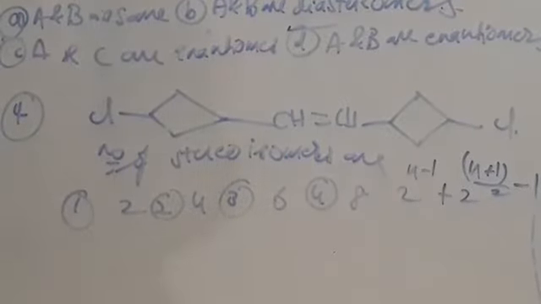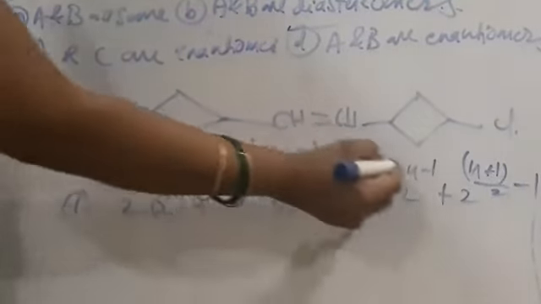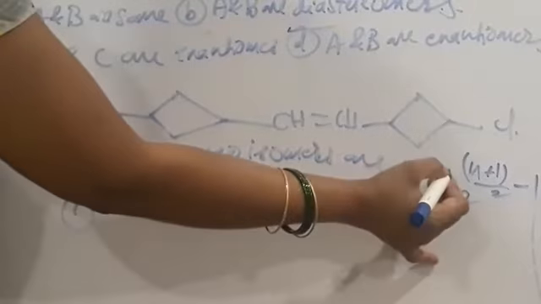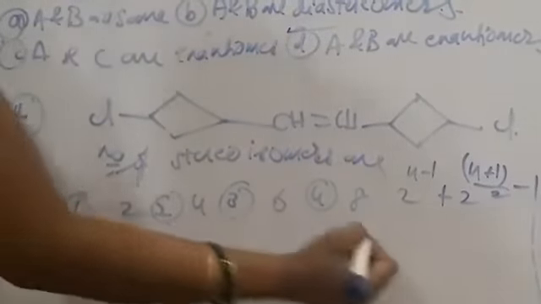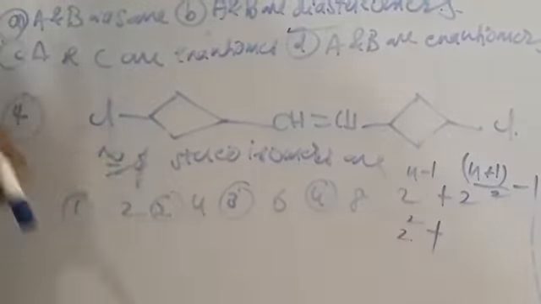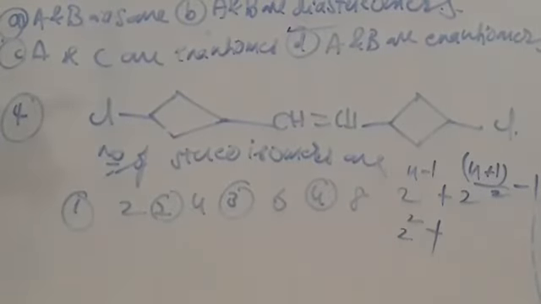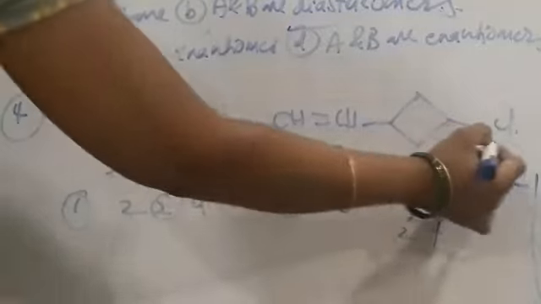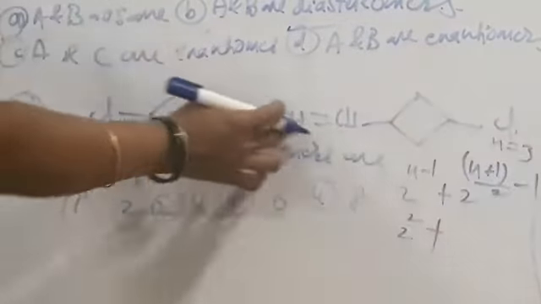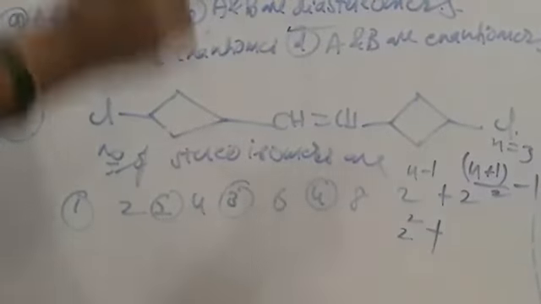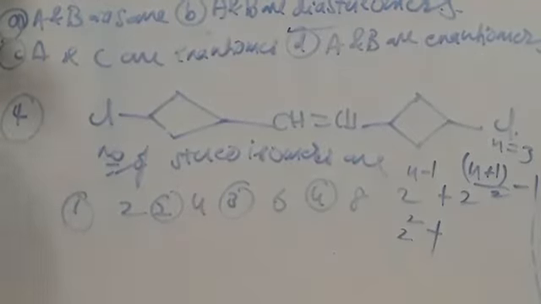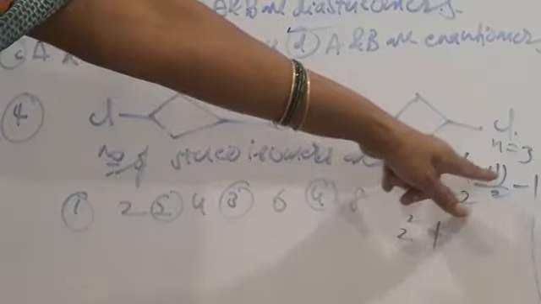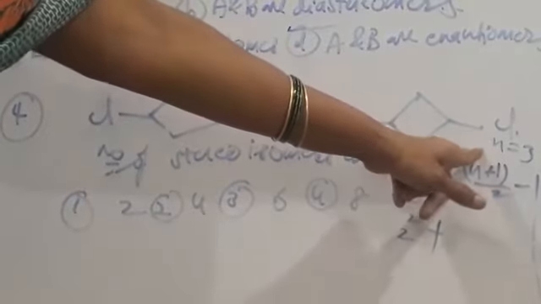So 2 to the power n minus 1, 2 to the power 3 minus 1, so 2 square, plus 2 to the power (n plus 1 by 2) minus 1. Here n is 3: 3 plus 1, 4. 4 by 2, 2.